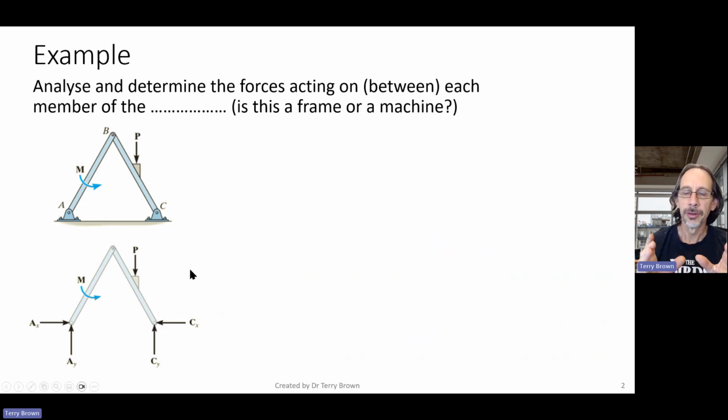However, if the assembly of components is designed to move and to transmit load as well as movement, then typically it would be a machine. With this one, if we took off the load P and the load M, that frame is still going to sit there and not go anywhere. So this would be a frame.